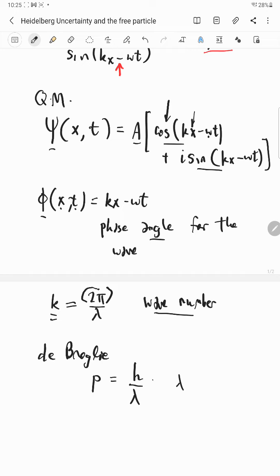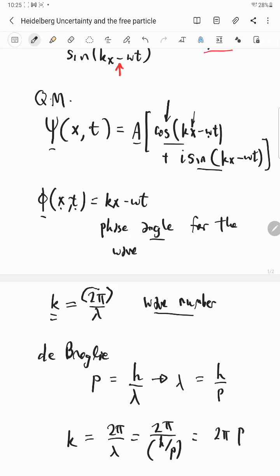So if I solve for de Broglie wavelength, so lambda is h over p, like this, then that means that k is 2 pi over lambda, 2 pi over this thing right here, h over p. So if you work with this a little bit, you get 2 pi p over h.